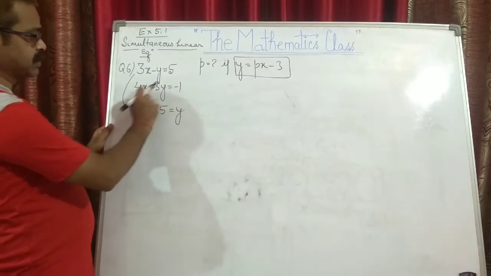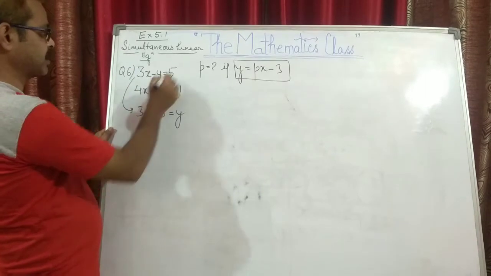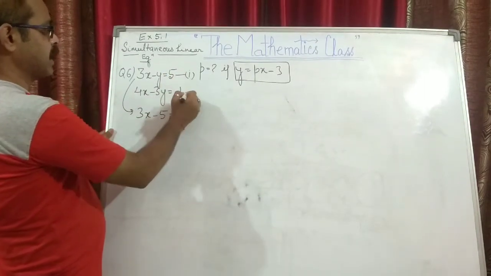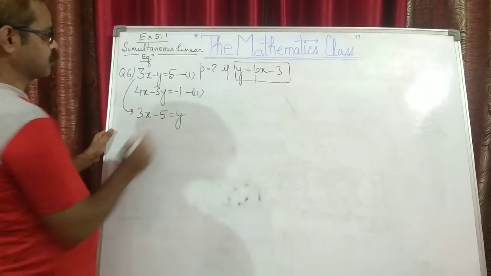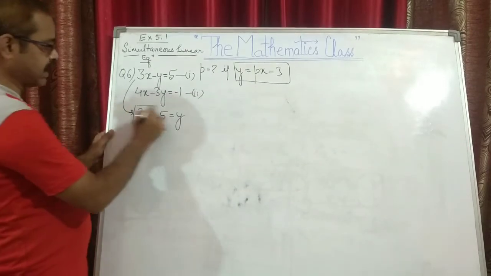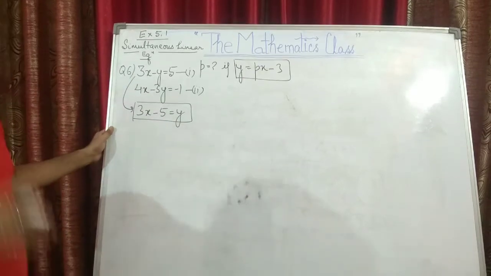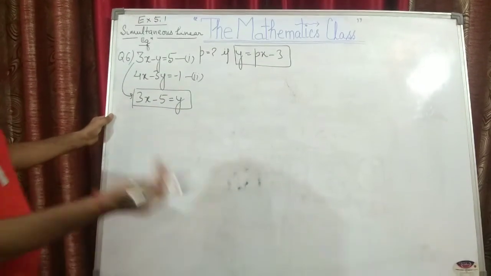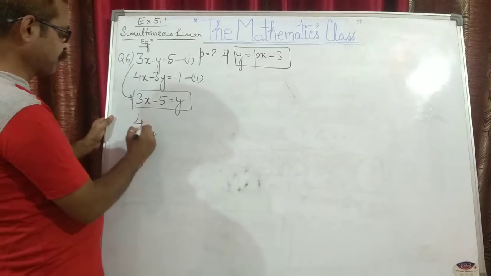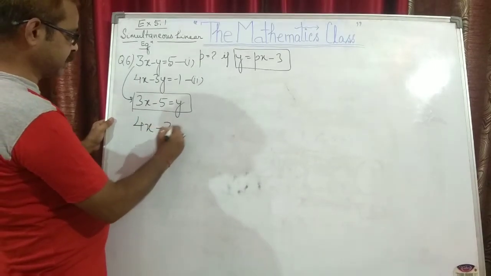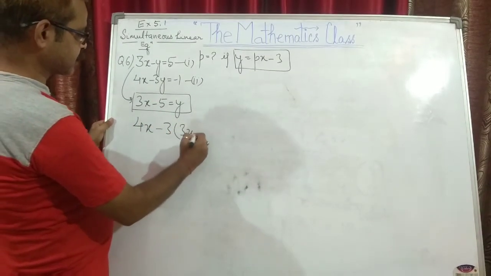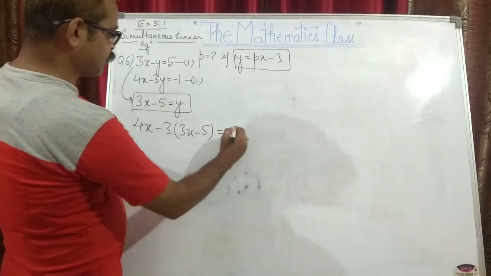Put this value in the second equation, means we are placing, let this be equation number 1 and let this be equation number 2. Taking the value of y as 3x minus 5 from the first equation, we are substituting this value in the second equation, that is 4x minus 3 (3x minus 5) is equal to minus 1.